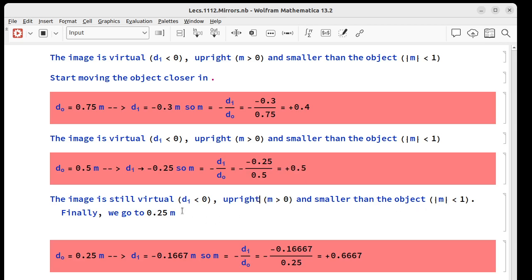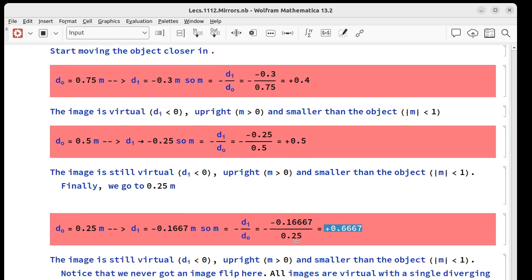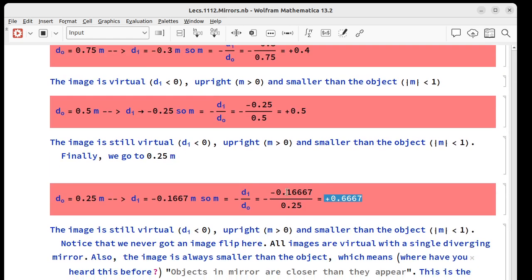And finally, if we go into 0.25 meters, still get a virtual image, still smaller than the object, and still right side up. This is like a shoplifting mirror, if you want to think of it that way, the image in a mirror in a convenience store. So all the images are virtual if you just have one diverging mirror, and the image is always smaller than the object. And what does that mean?